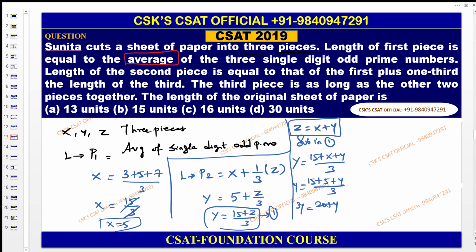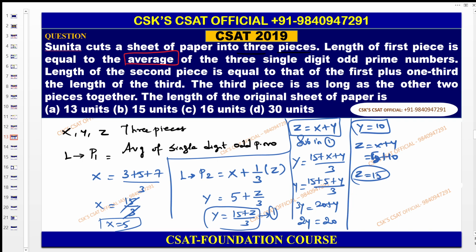Bring that y towards the LHS. 3y minus y becomes 2y. 2y is equal to 20. When 2y is equal to 20, then y becomes 10. When y becomes 10, z is equal to x plus y, so 5 plus 10. So z becomes 15.